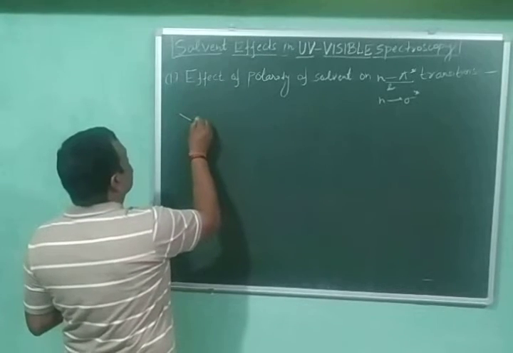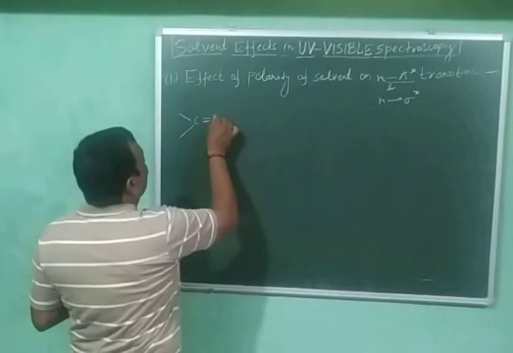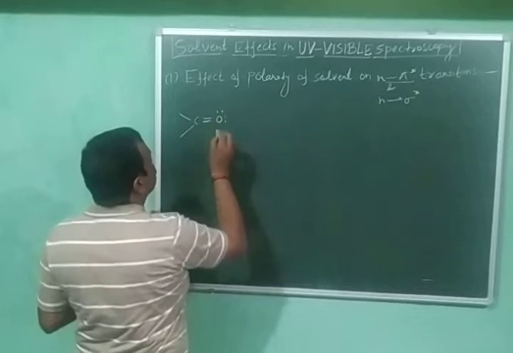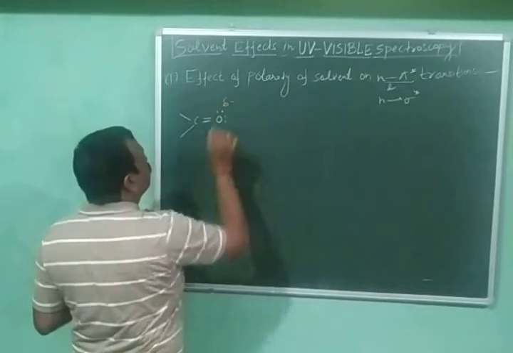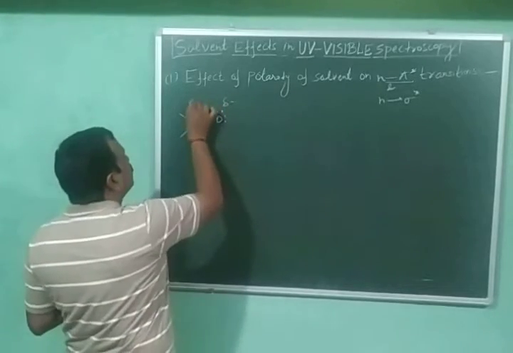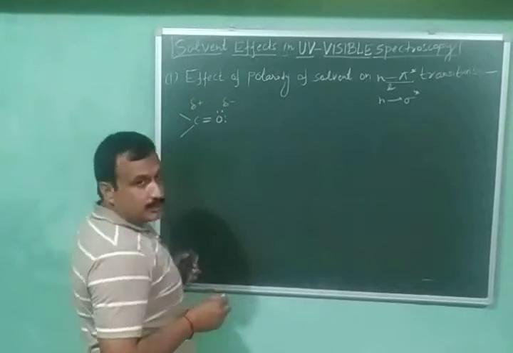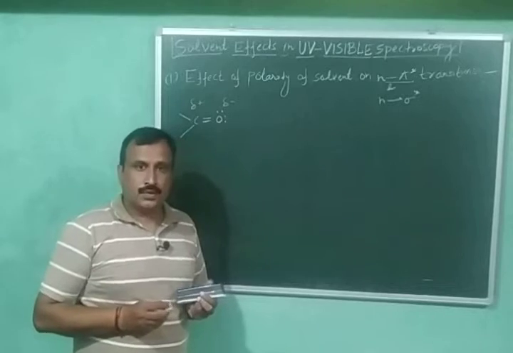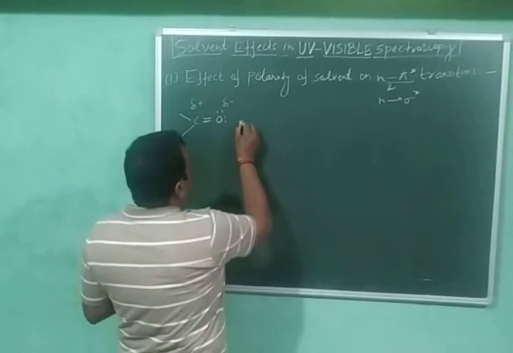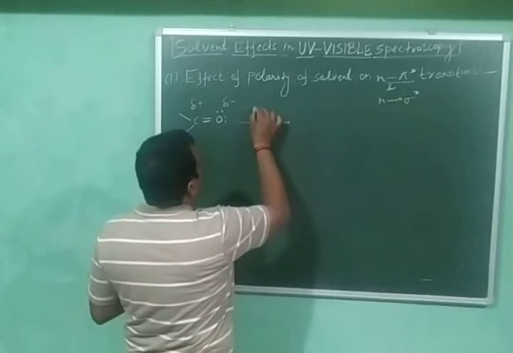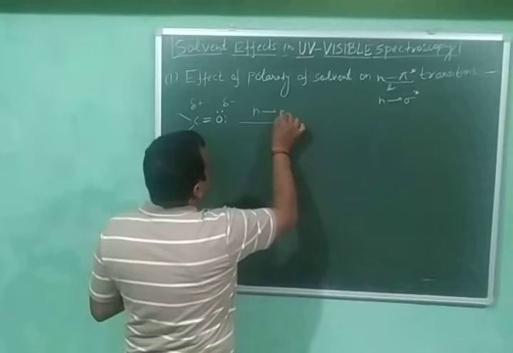Here I have a carbonyl group, and we know that this carbonyl group is polar, with the negative charge on the oxygen atom and a slight positive charge on the carbon atom.